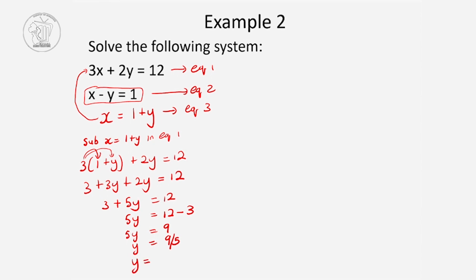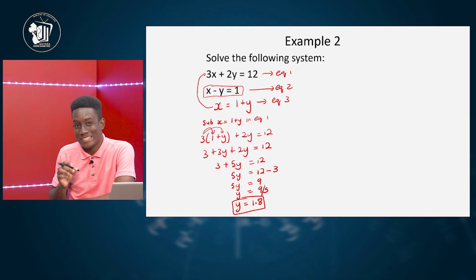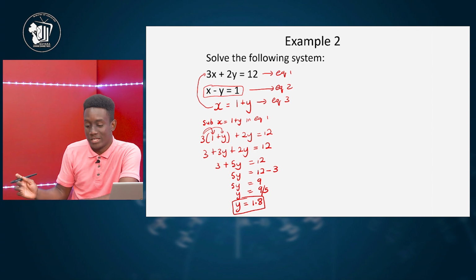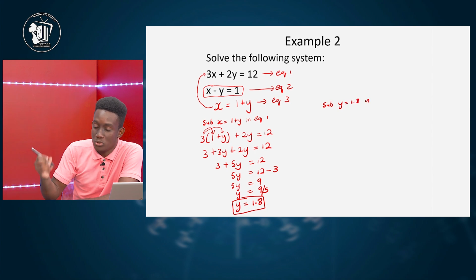Hence y is equal to 9 divided by 5 will give us 1.8. We could leave it as 9 over 5, but since 1.8 is just one decimal place, we'll use that. So we have our value for y. Now that we have our value for y, we know the next step is to get our value for x. So we substitute y equal 1.8 into, you can either use equation 1, 2, or 3.